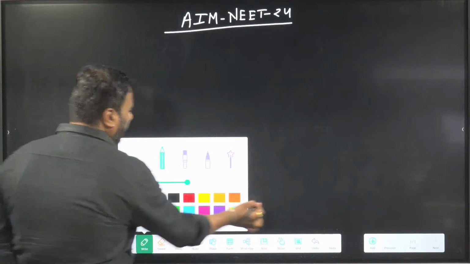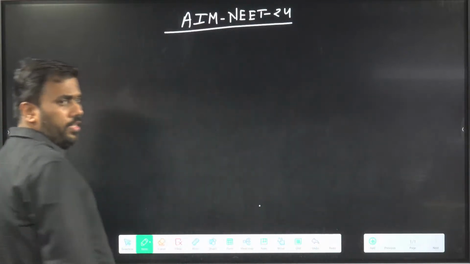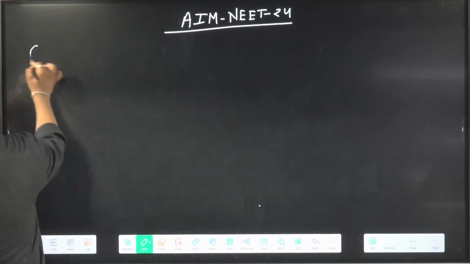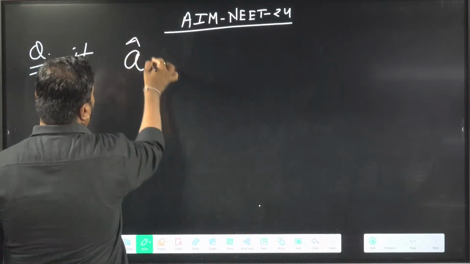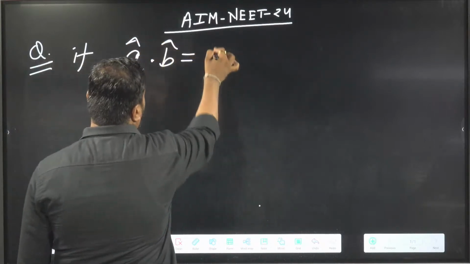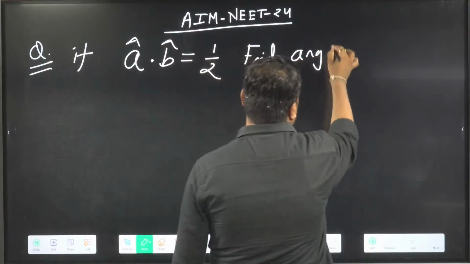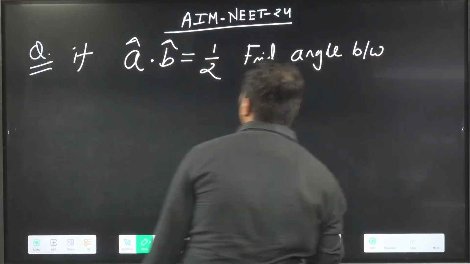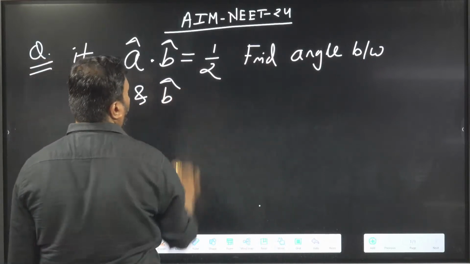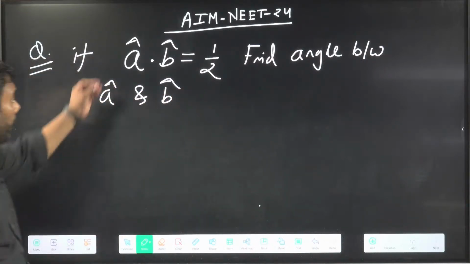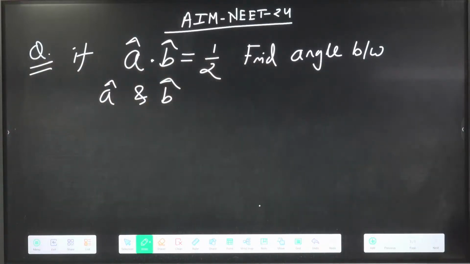So today we will start with some basic questions. If a cap dot b cap is half, find the angle between a cap and b cap.